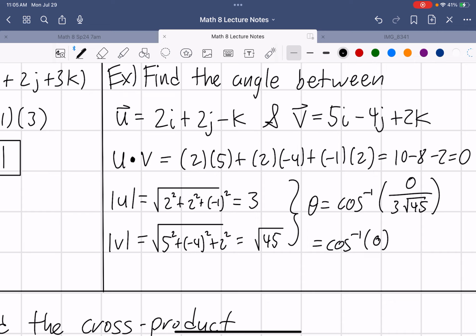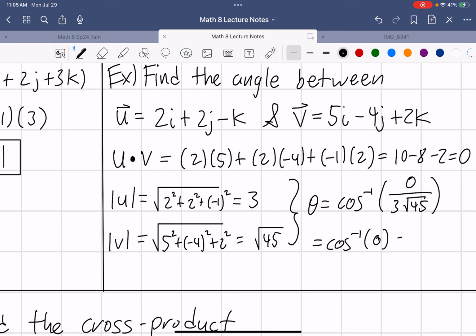And when does that happen? When is cosine 0? Right? Because here we're given the terminal point, we're trying to find the radian. But since we're looking for an angle between the vectors, I'm looking for a degree, and that's going to be 90 degrees. And remember, when two vectors have a 90-degree angle between each other, you would say that they are perpendicular to each other.